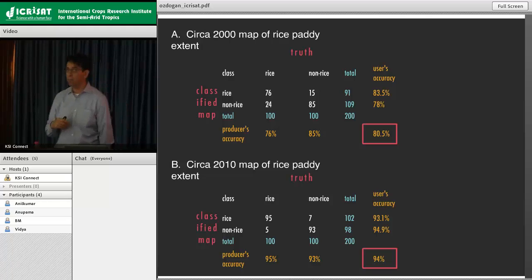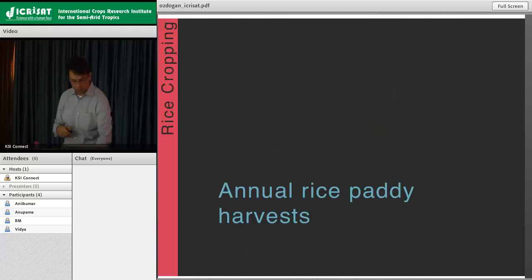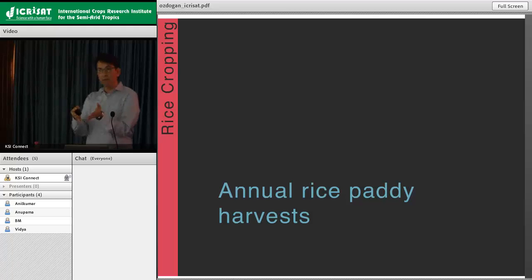Now that we made a map of rice, our second step is to figure out how many cycles of rice we are growing, because we had anecdotal evidence that in year 2000 there was a lot of push for growing 2 rice crops per year, and by 2010 the government was pushing to grow at least 2, if not 3, crops per year.